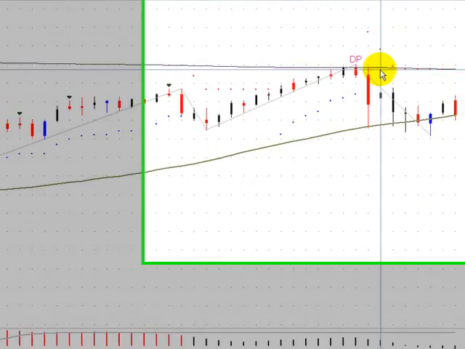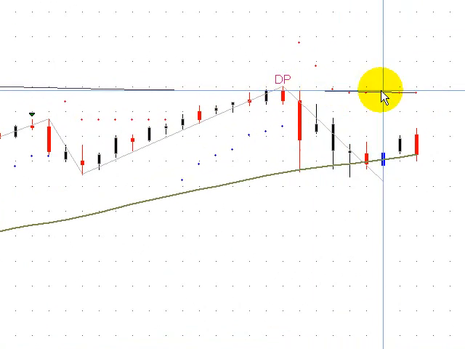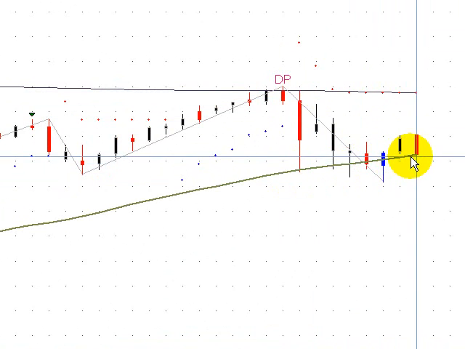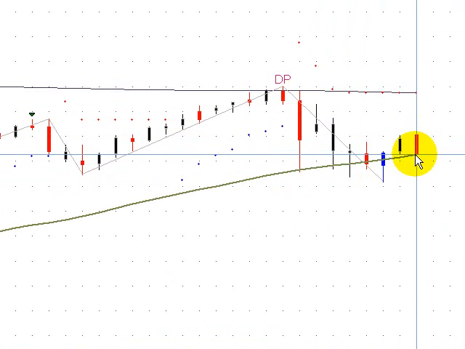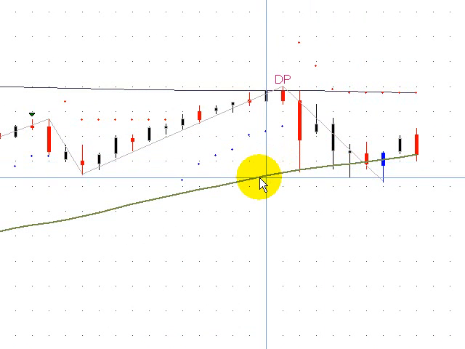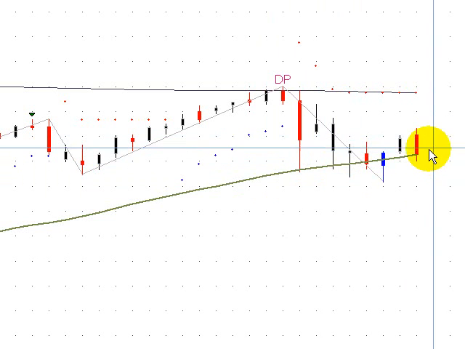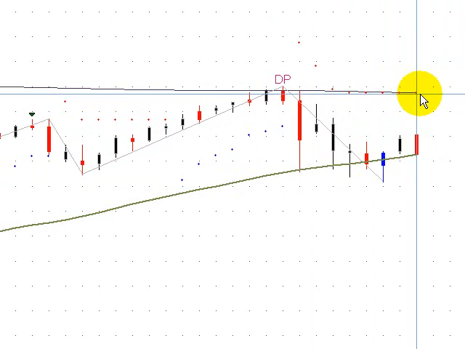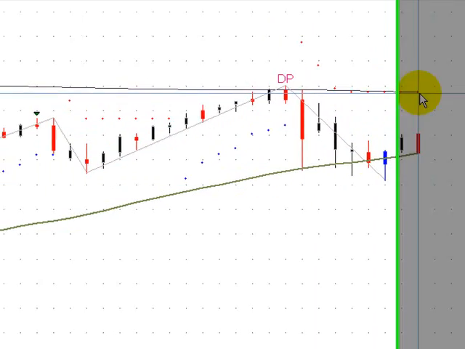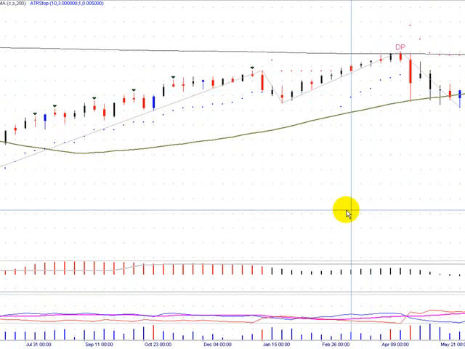You can see we're still stuck in this channel, this is the weekly 200 period and the 50 period. You see we came down, pretty much tested the 50 period on the weekly here, and we'll see now if we don't start heading back up and testing the 200-day area as we head into the earnings season.